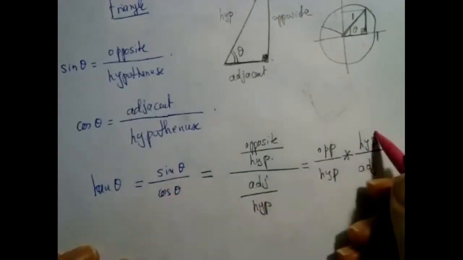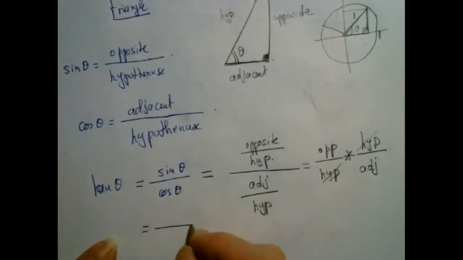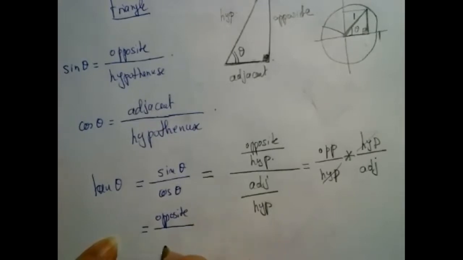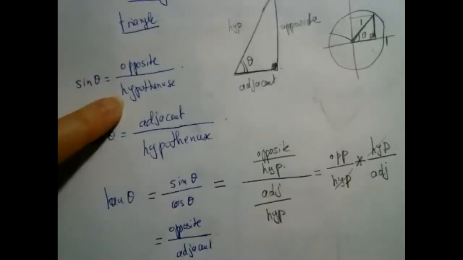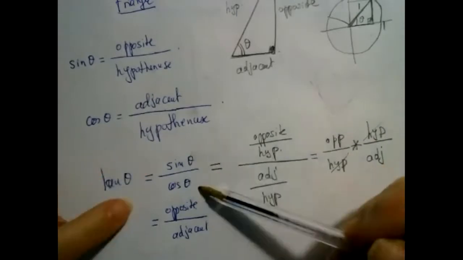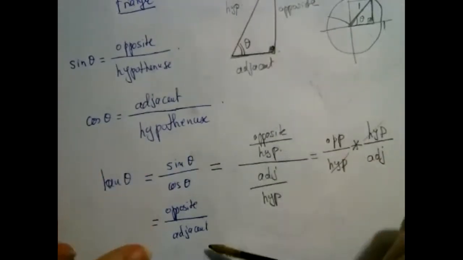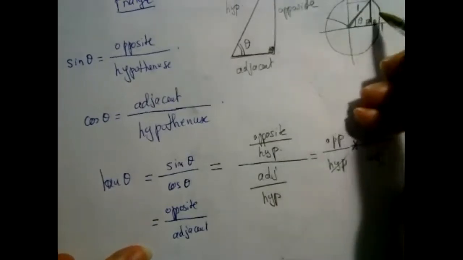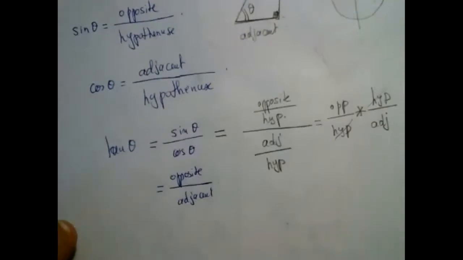It's sine over cosine. Those cancel each other out, and I will be left with opposite over adjacent. So in the right triangle, the sine is opposite over hypotenuse, the cosine is adjacent over hypotenuse, and the tangent is always sine over cosine, but in a right triangle, it becomes also the opposite over adjacent. Like in a unit circle, it was the y over the x. Okay?